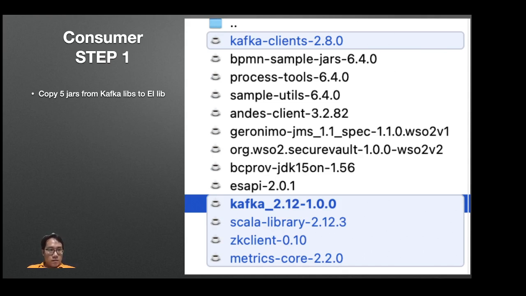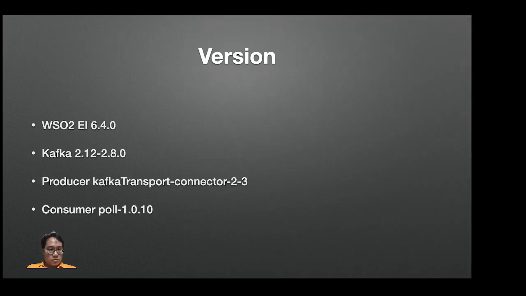Step one, just copy files from the Kafka library to the EI library, and you see that there's a Kafka license in the runtime. It will check the Pawn methods in the consumer Pawn.